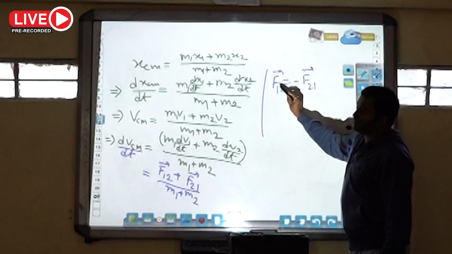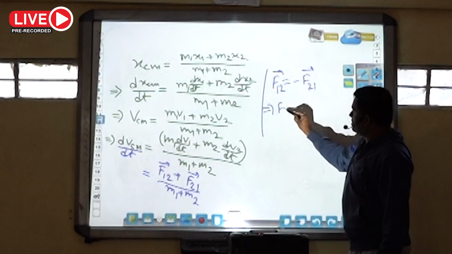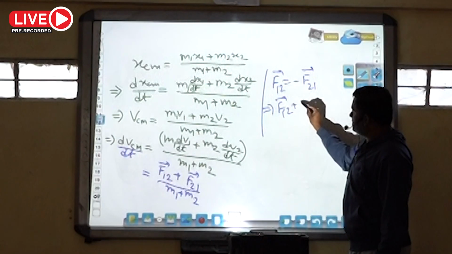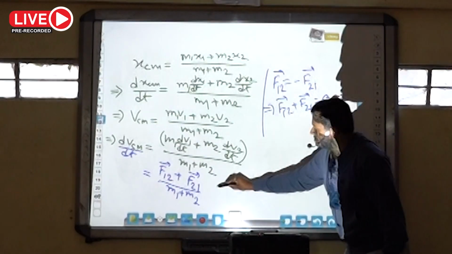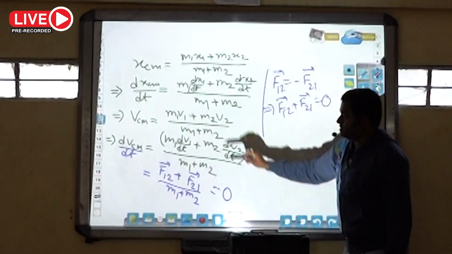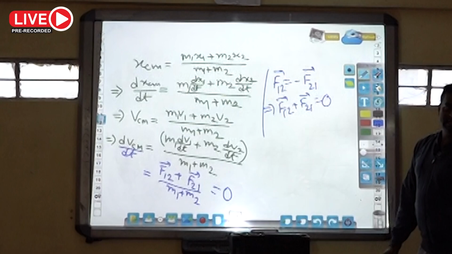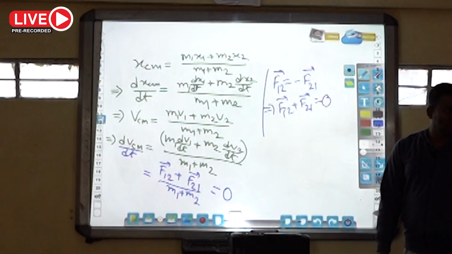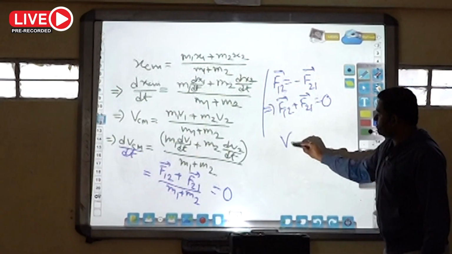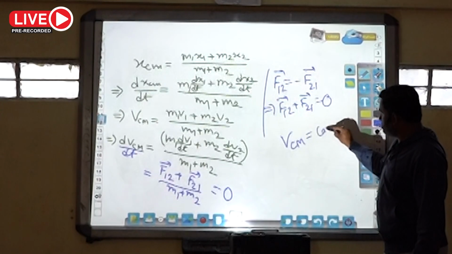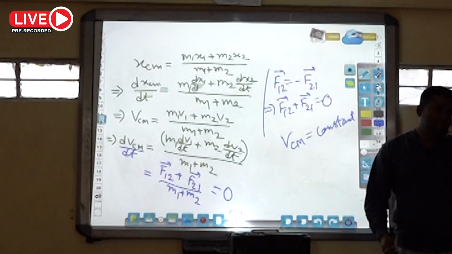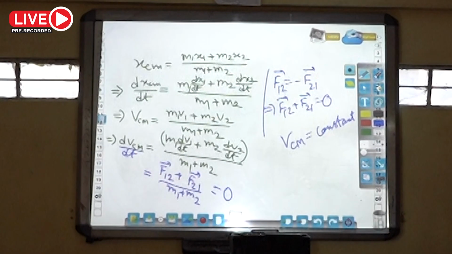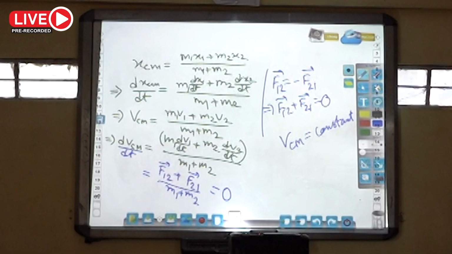So take this one on that side. So F12 plus F21 will be 0. It shows that d V_cm by dt is 0, meaning V_cm is constant. So whatever its velocity is before, it will remain the same.